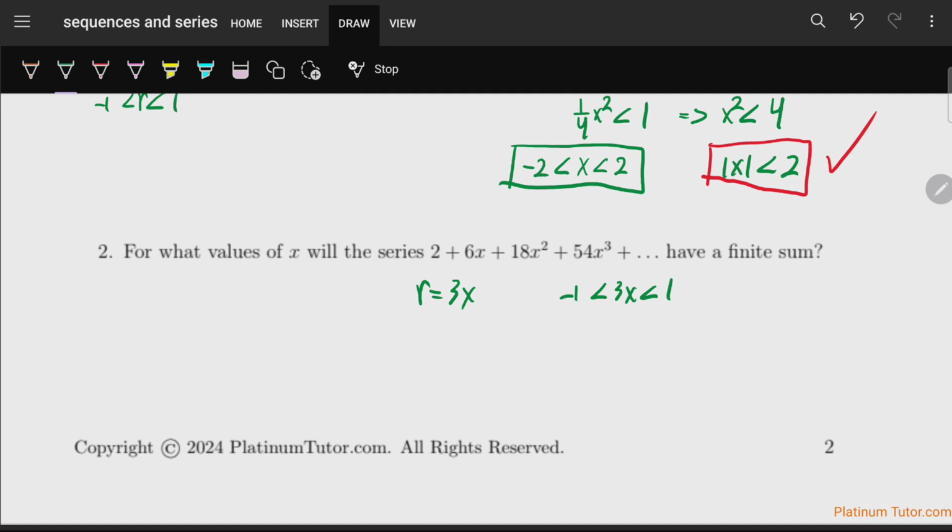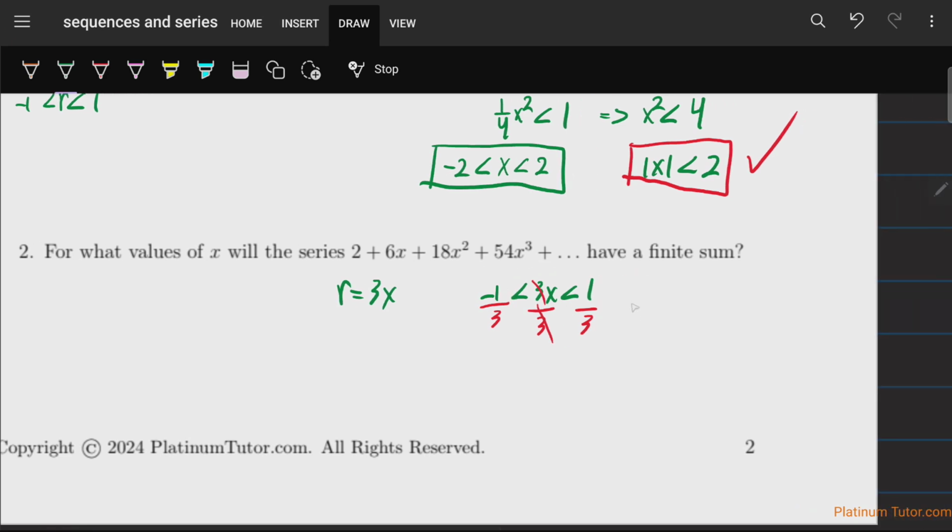Okay, so what I can do is I'll divide everything by 3. So when we are solving inequalities like this, if we divide the middle term by 3 to get rid of this 3, I also have to divide the numbers on both sides of the inequality by 3.